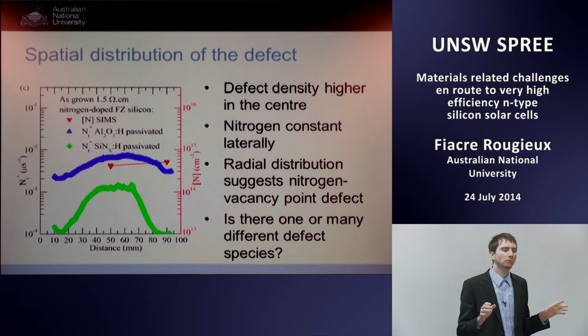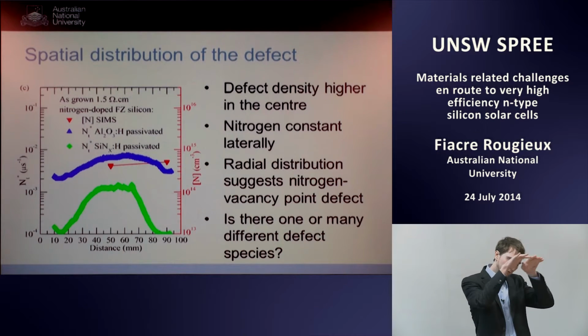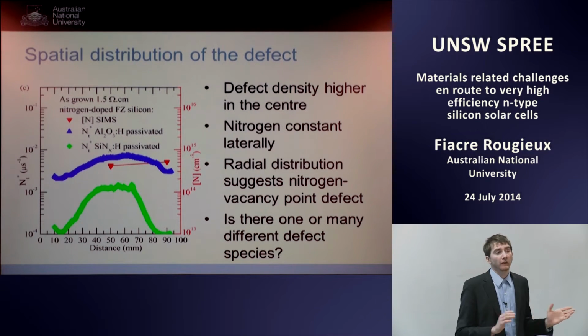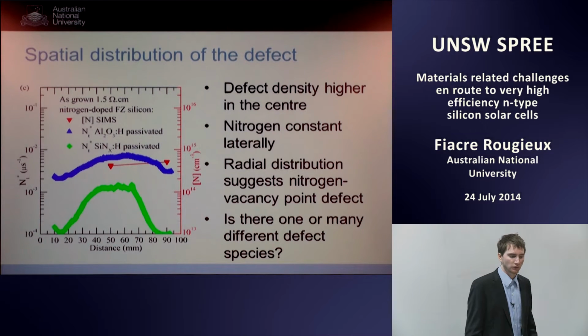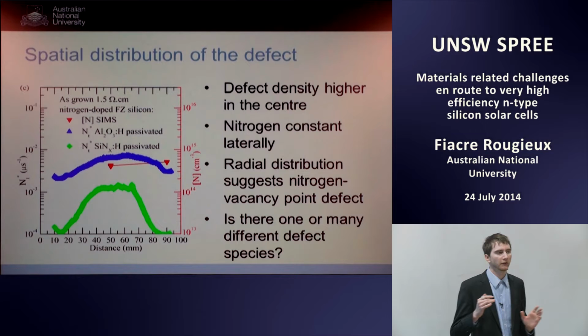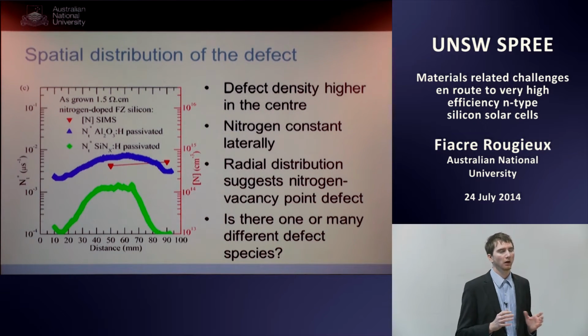Okay, so if you have this radial distribution of the defect density, it's potentially related to vacancy and vacancy paired with nitrogen. From the literature, there's a lot of different vacancy nitrogen complexes: V2N, VN2, VN, so V vacancy and nitrogen.